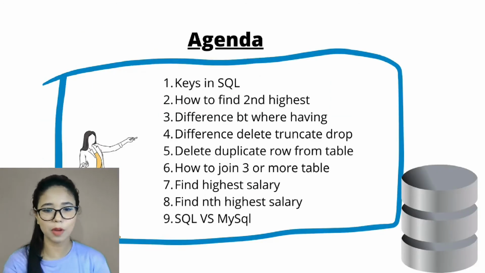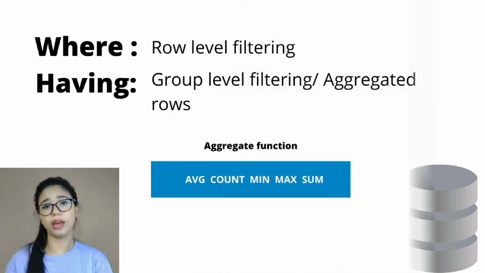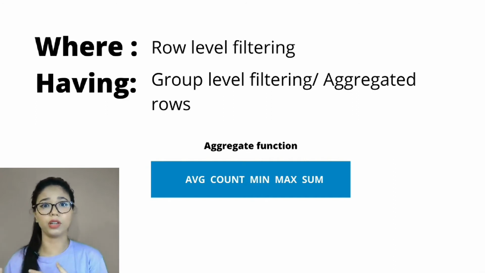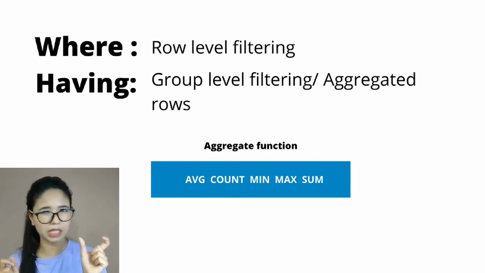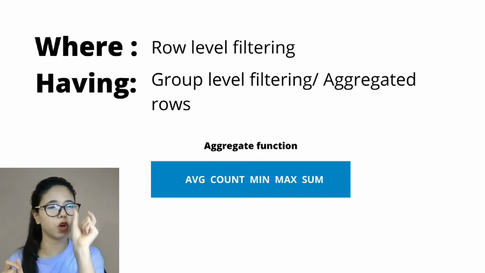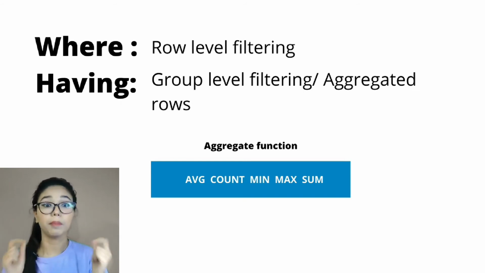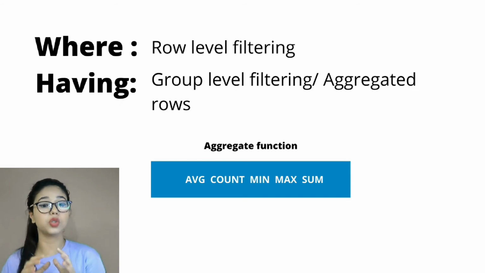As you can see on my screen, the difference is that where is used at the row level, meaning I'm filtering salary less than whatever, or country equal to US or India, something with a specific row and a specific column name. I'm not doing anything else apart from that. But having, on the other side, is used for group level filtering.